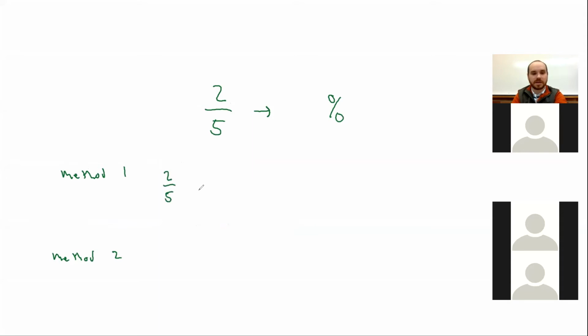So this time we want to convert 2/5 into a percent. So let's do method 1 and method 2. How do I get this into a fraction that has 100 in the denominator? What do I need to multiply the top and the bottom by?